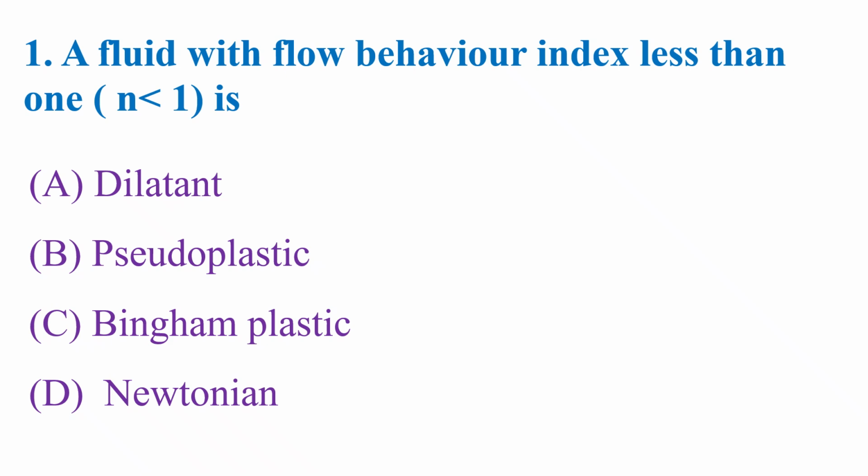The power law equation we have discussed in our class is tau equals K gamma^n, where tau is my shear stress, gamma is shear rate, K is my consistency index and n is the flow behavior index.